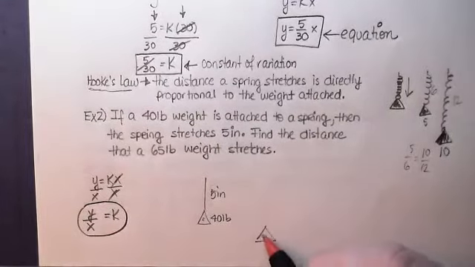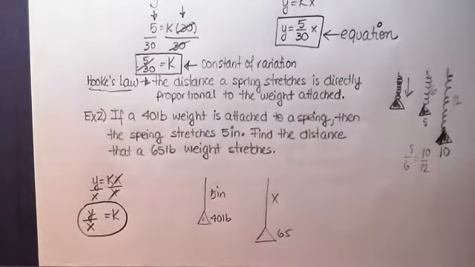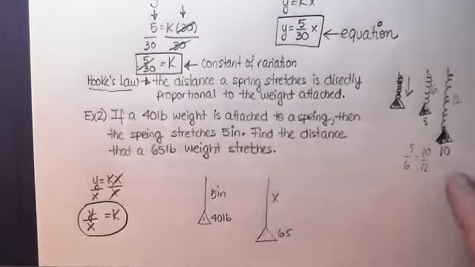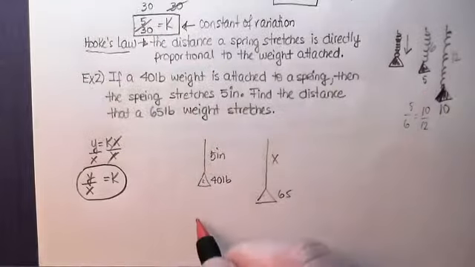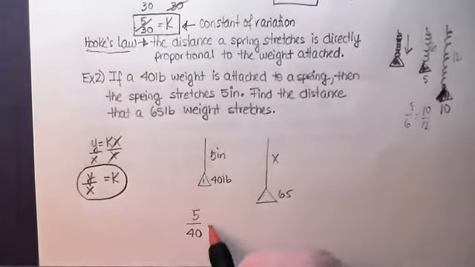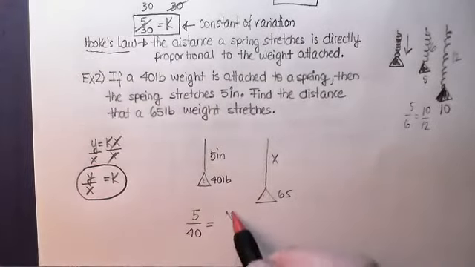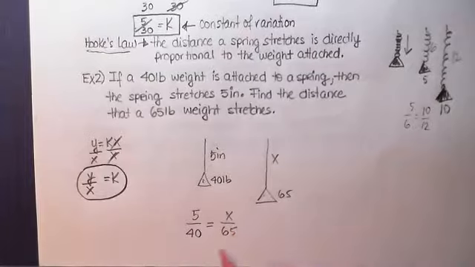So let's suppose I have a bigger weight, 65 pounds, and what is going to be the stretching? So basically what it means is the 5 over 40 is going to be the same as x over 65.